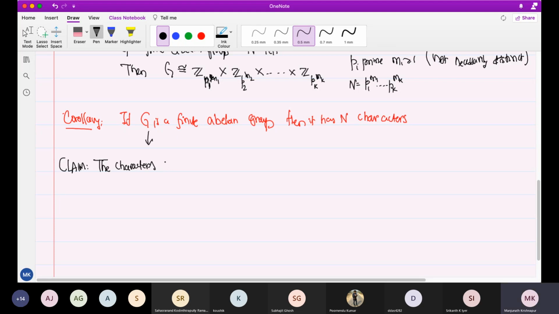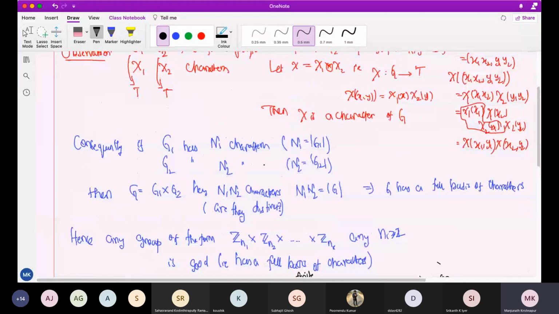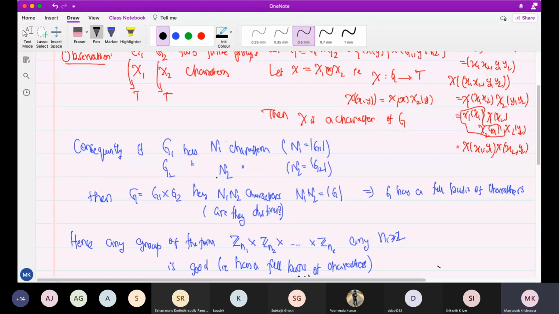So I'm in this setting. One way is you can go back here and check if any such products are linearly independent.